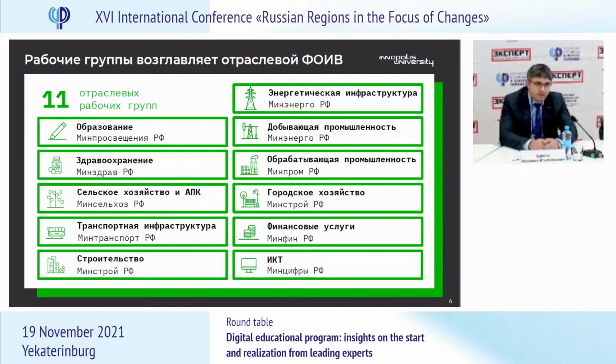And these working groups should be led by federal executive authorities that would tell us what's happening in their industry and what skills they are lacking. Initially, of course, it was hard to launch this, but now all working groups are operational, and there is a federal executive authority that assumed the responsibility of holding meetings and disputes and so on. And that's how our project is pursuing its goals. So that's how the work is actually done.